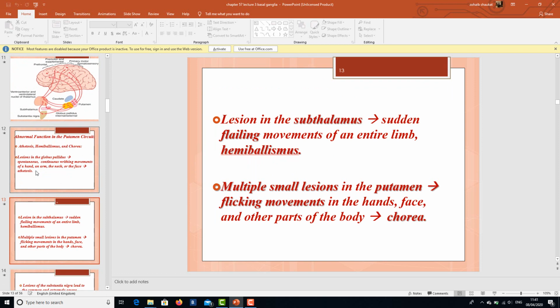If there is a lesion in the subthalamus, there are sudden flailing movements of an entire limb, that is hemiballismus. If there are multiple small lesions in the putamen, there are flicking movements in the hands, face, and other parts of the body, and the person suffers from chorea.